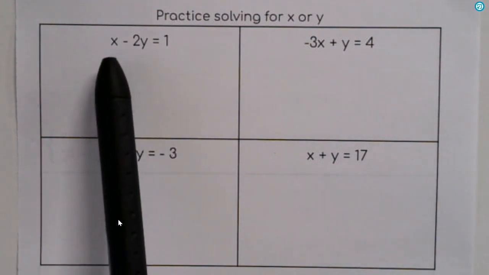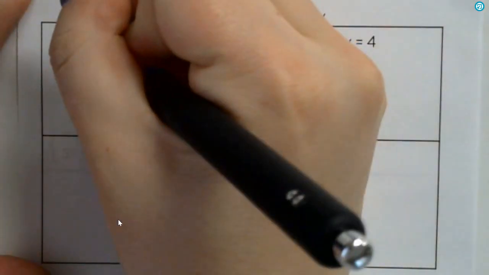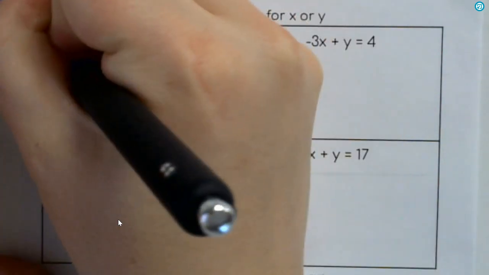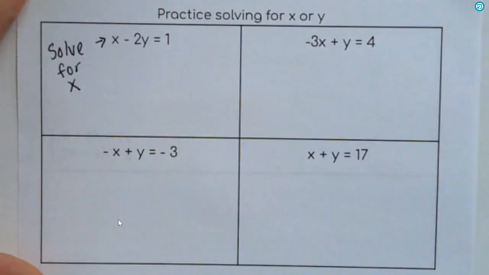Right here, we've got x minus 2y equals 1. We need to pick which variable is already closest to being by itself. What is closer to being by itself, x or y? X, because the x is there, the y has that -2 with it. So in this one we are going to solve for x. I'm going to put a little note to myself so I know I am solving for x.